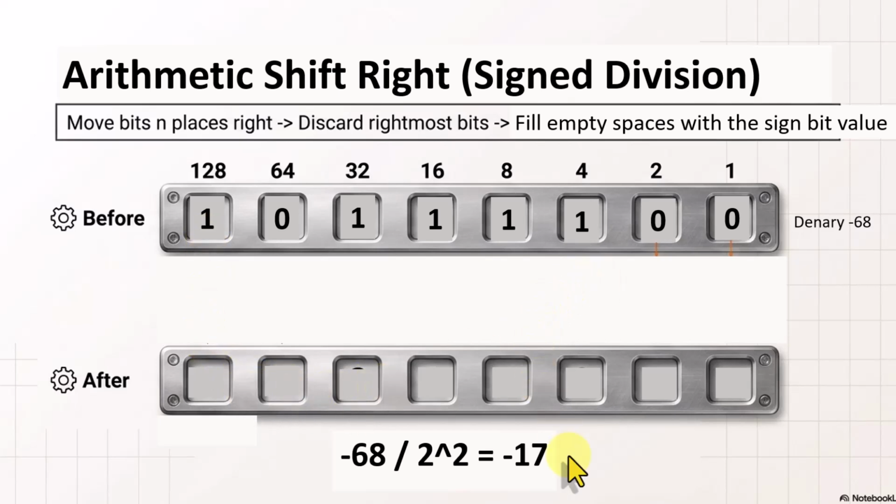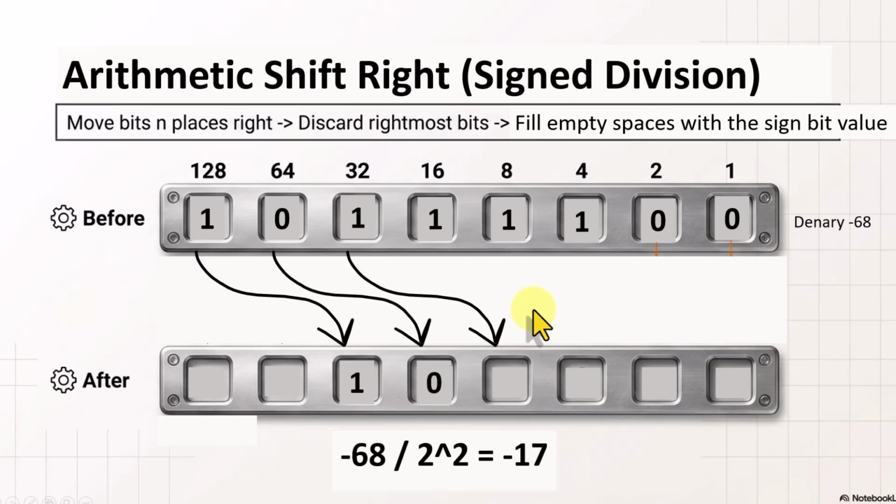As you can see here, we have this denary value, which is negative 68. And we want to move it 2 units to the right. As you can see, we are doing them one by one.